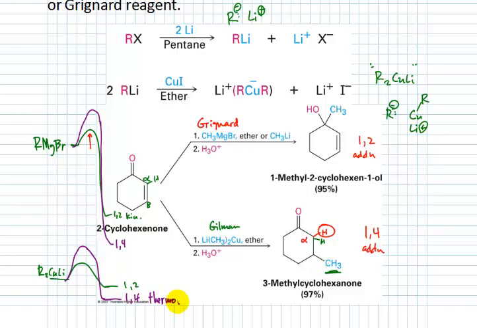In other words, 1,2 addition is reversible, whereas with this high energy Grignard reagent, 1,2 addition is irreversible. So take a look in your workbook for that nice explanation. Essentially the real high energy ones, Grignard and alkyl lithium, do direct 1,2 addition. If we want an R group to do conjugate addition, we need a Gilman reagent.